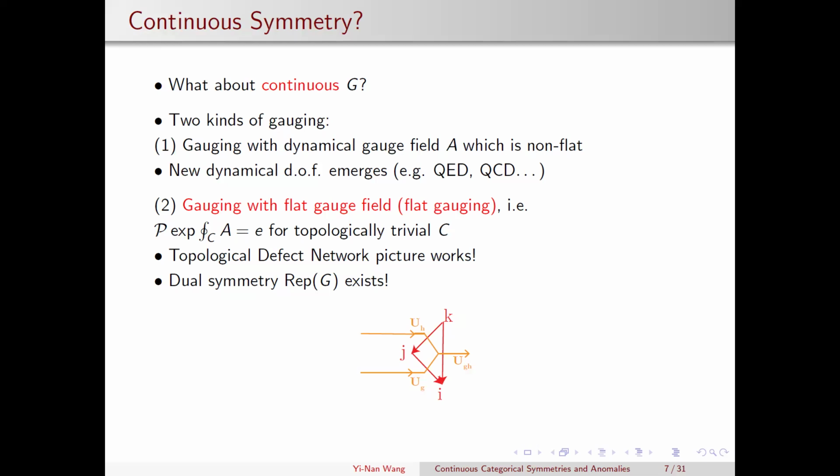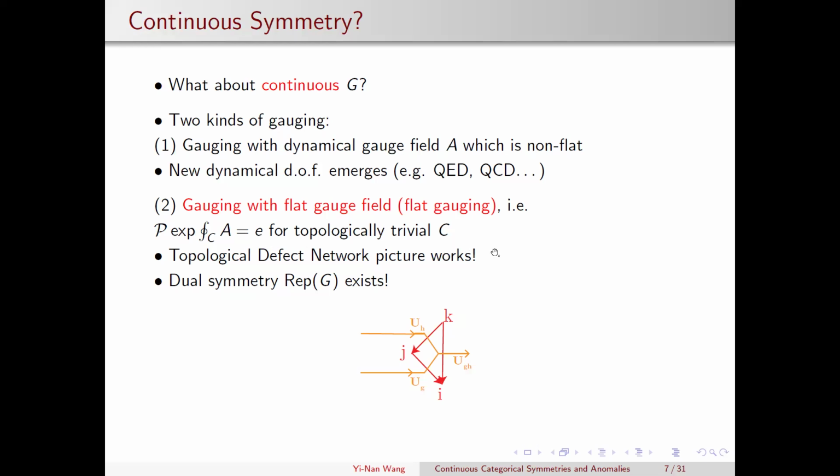As I will show in examples, flat gauging doesn't mean that you just have F equals 0 at every point in spacetime. The more precise definition is that if you evaluate the group-valued holonomy around a topologically trivial loop in your spacetime, then this holonomy should be trivial, equal to the trivial element in your group G.